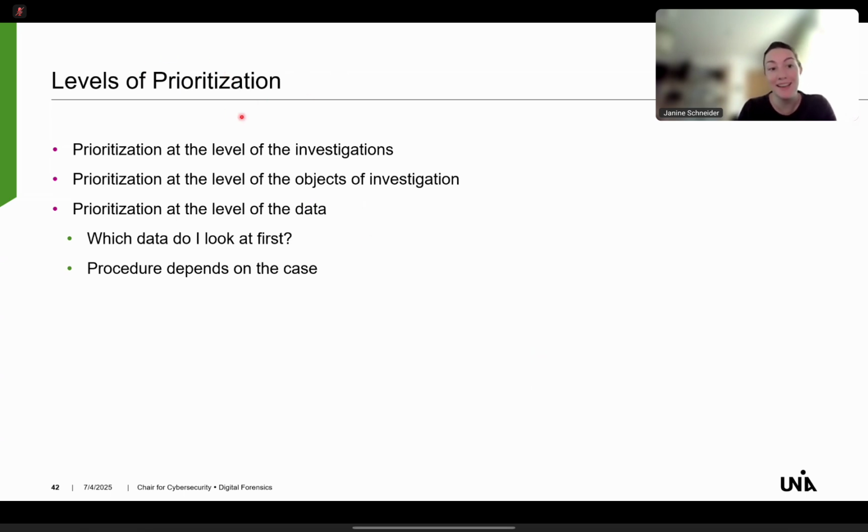I will not repeat it again. We have a level of prioritization which is based on the investigation. We have a level of that one that is based on the objects of investigation, based on data. So what data or which data do I look at first?